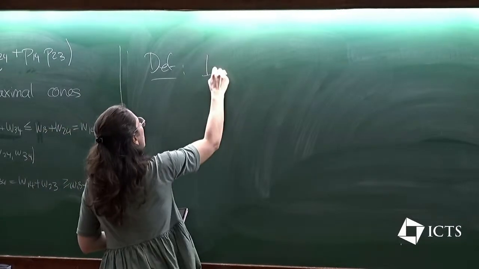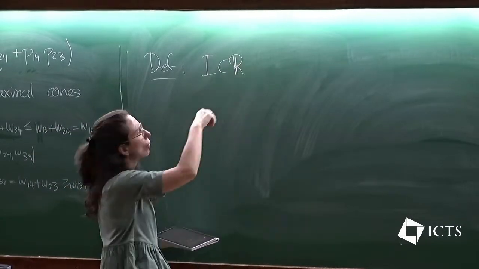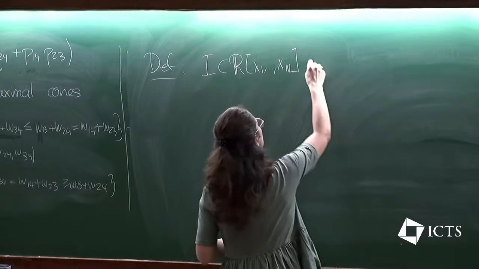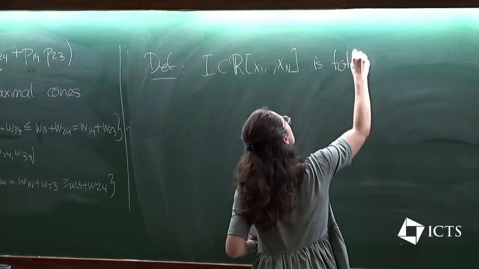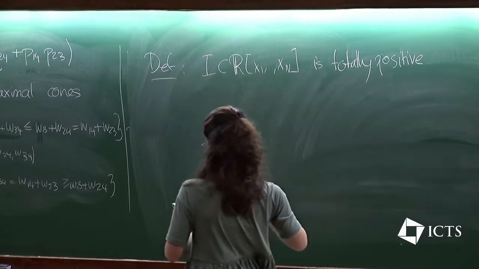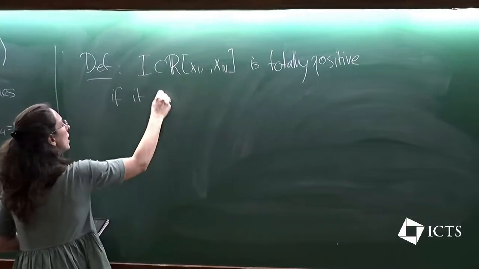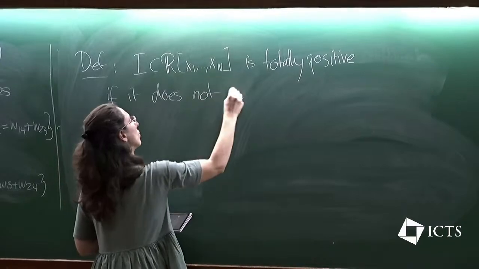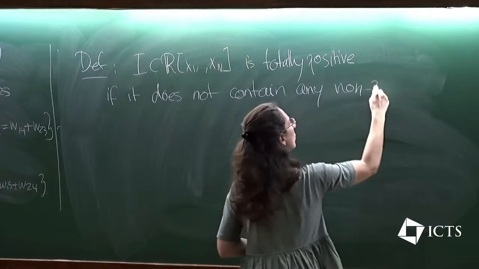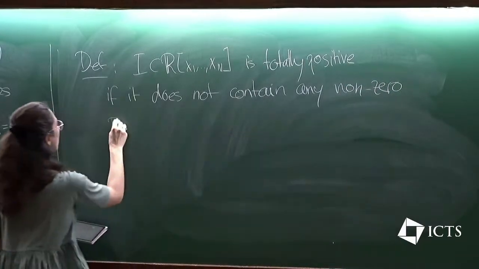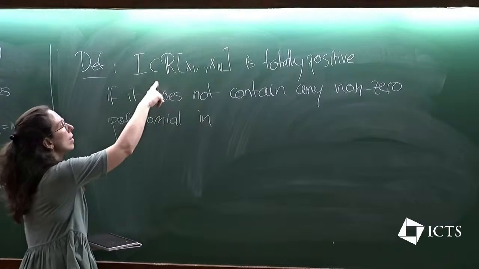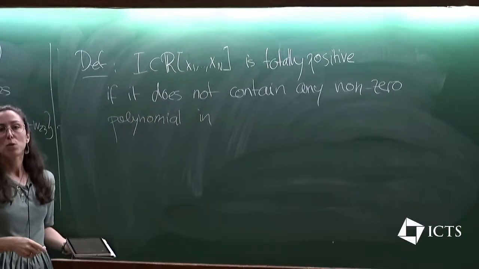So if I have an ideal, and now I will work with real coefficients, then this is called totally positive if it does not contain any non-zero polynomial in the subset here where I restrict to polynomials with non-negative coefficients.